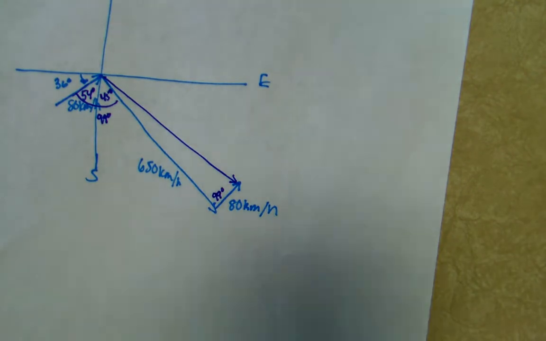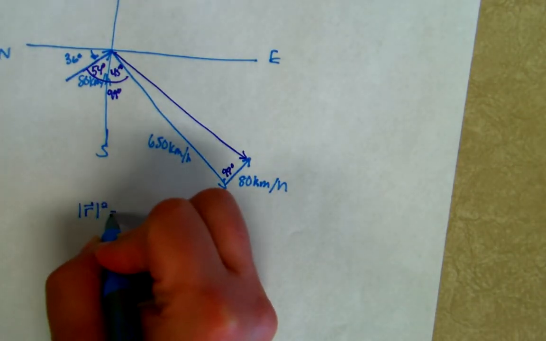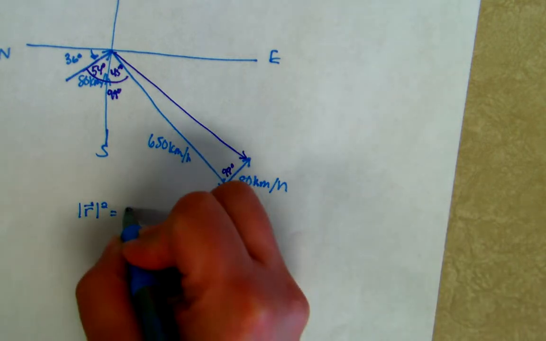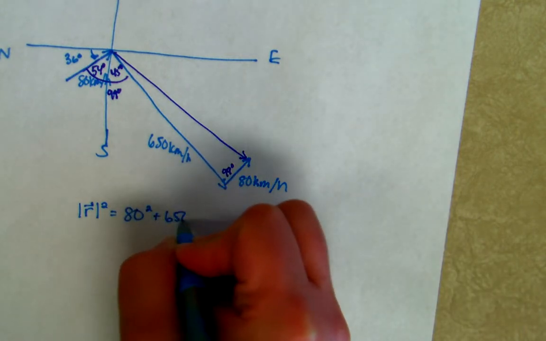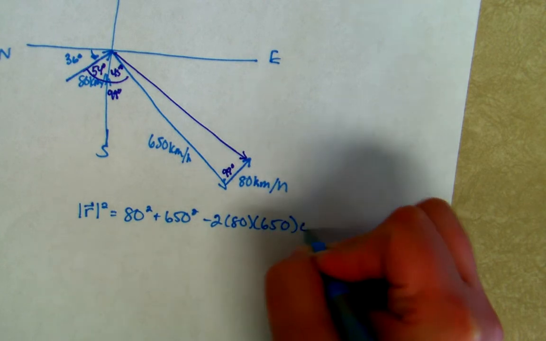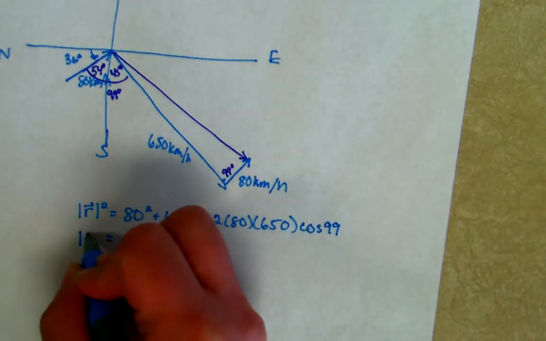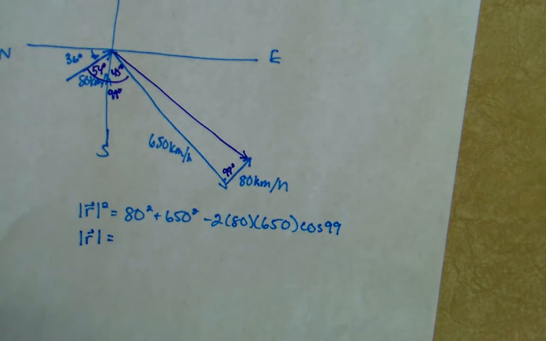So now I can find the magnitude of the resultant using cosine law. So the magnitude of the resultant squared is going to be 80 squared plus 650 squared minus 2 times 80 times 650 times the cos of 99. That's just cosine law. I'm going to type it into my calculator, and I'm going to square root it to go right to the actual magnitude.